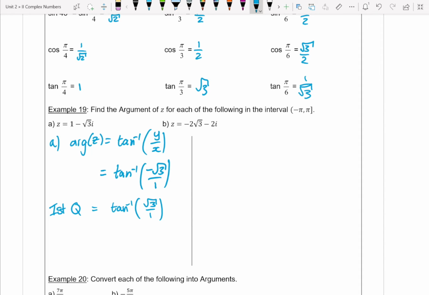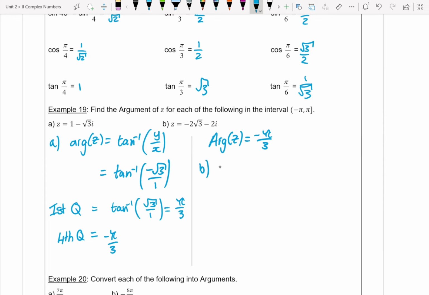Root 3 on 1 is, of course, going to give us pi on 3. But we're not in quadrant 1. We have a negative imaginary component, so we're actually in the fourth quadrant. So instead of being positive pi on 3, we're going to be negative pi on 3. So Arg with a capital A of z is equal to negative pi on 3, and that is, of course, in the interval of negative pi to pi.